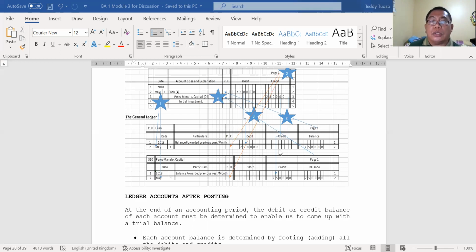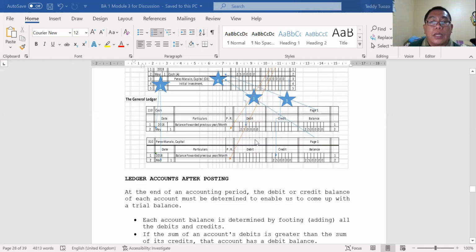And then the transaction. So take note that the balance follows directly, no? So this is for cash. Take note that this is the general ledger for cash, page 1 of the general ledger.